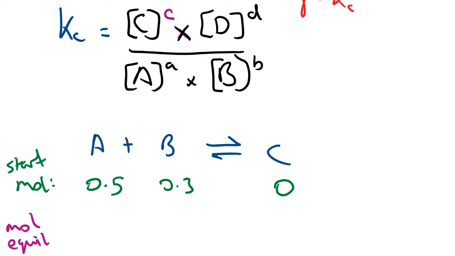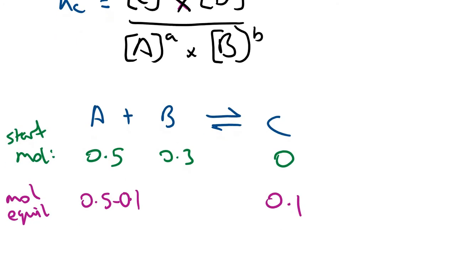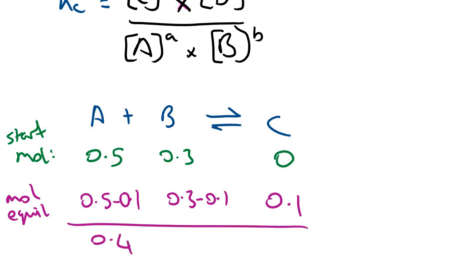Now in this question, I'm told that at equilibrium, 0.1 moles of C has formed. And I'm told that there's a volume of 10 decimeters cubed, which is 10 litres. Okay, so at equilibrium, I know that there's 0.1 moles of this. Okay, if there's 0.1 moles of C, well, as A and C react in a one-to-one fashion, that means if 0.1 mole of C formed, at equilibrium there must be 0.5 minus 0.1 mole of A. And likewise, there must be 0.3 minus 0.1 moles of B. So that's just going to equal 0.4 moles of A, 0.2 moles of B, and 0.1 mole of C at equilibrium.